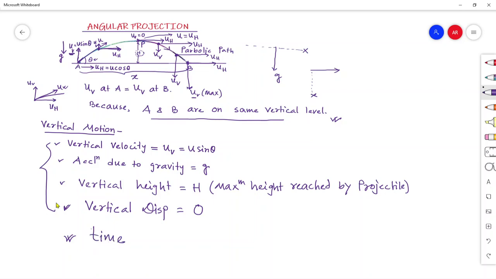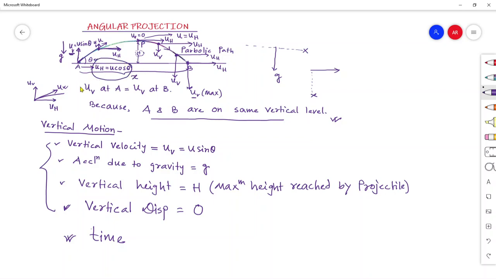Here, when the object has been projected, it is going up, then falling down, so it is having the vertical motion. And you see, while it is rising up and falling down, it also covered some horizontal distance. Why is it so? Because the velocity with which it has been projected had some horizontal component.